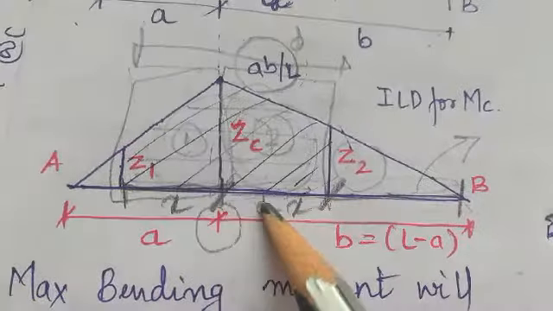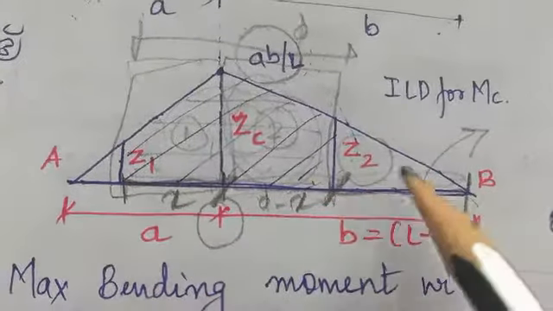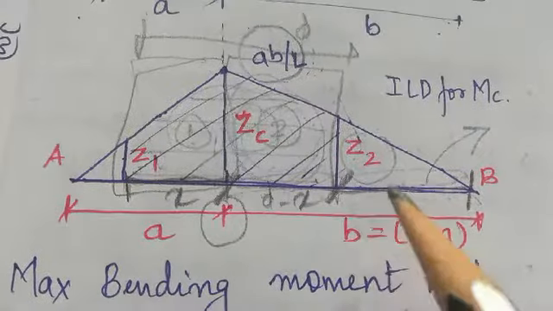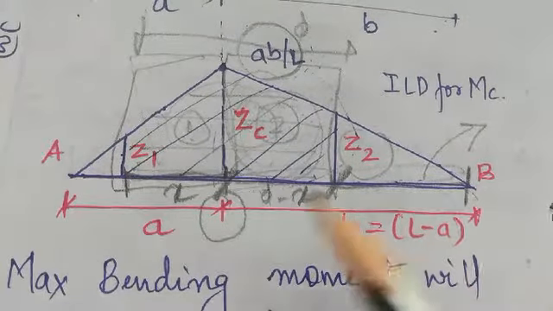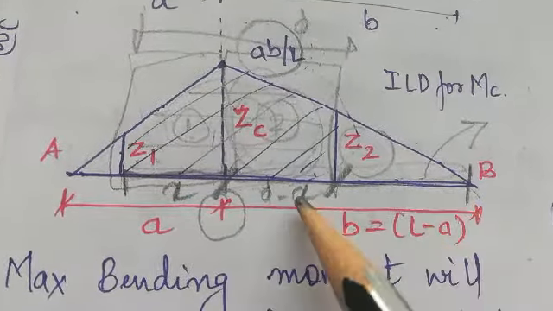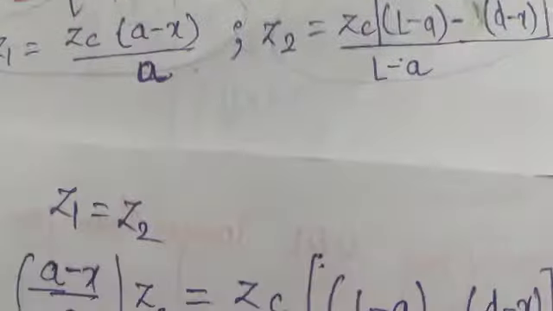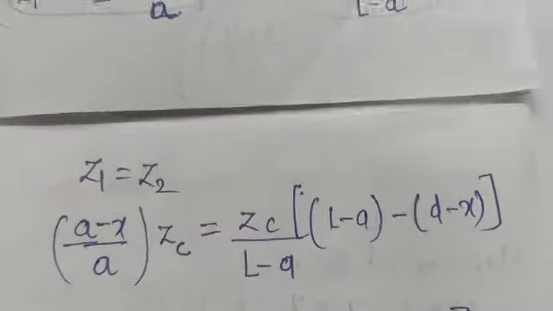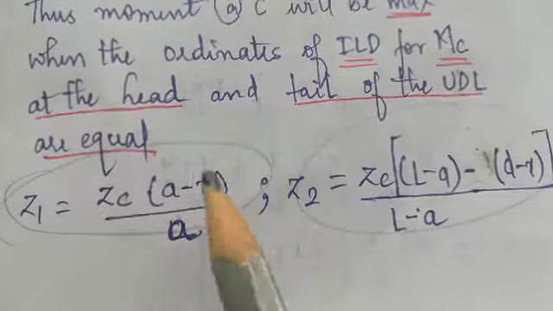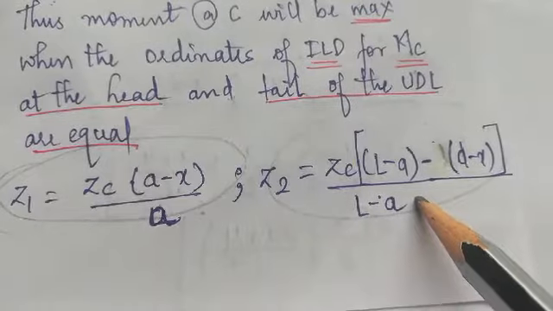How much is this distance? D minus X. Therefore I will get the remaining distance as L minus A minus D minus X. So that is what I have written over here. Z1 is equal to this value and Z2 is equal to this.